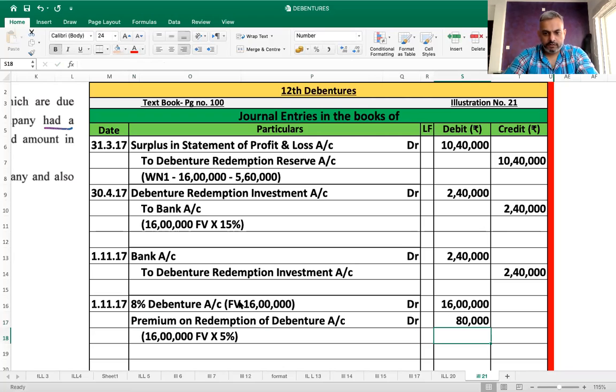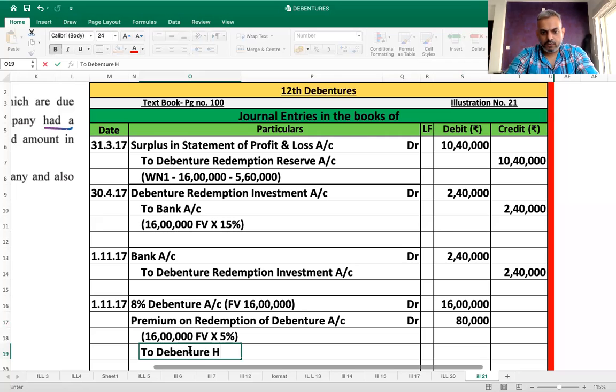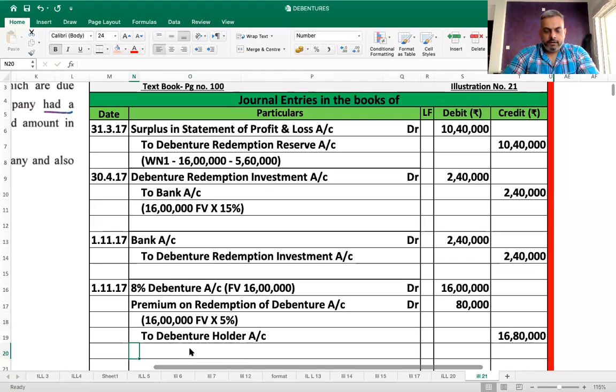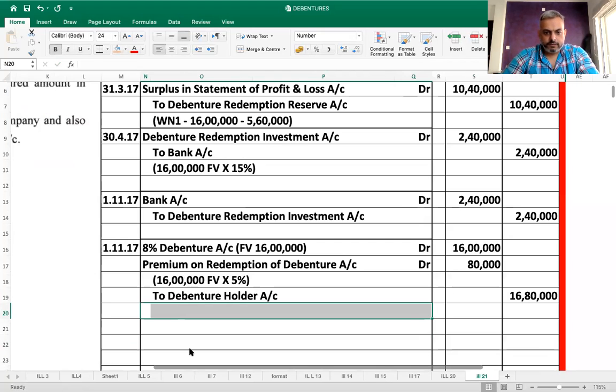So 80,000, to debenture holder account, 16 lakh 80,000.